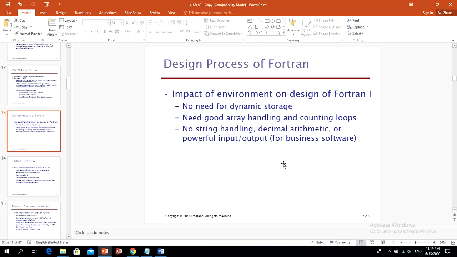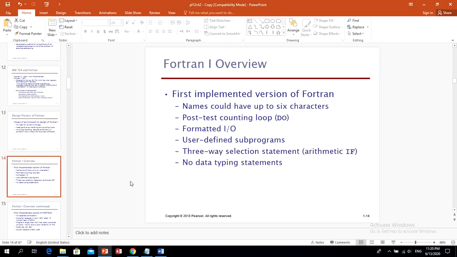So there were some concerns with Fortran 1. Of course, they fixed all those weaknesses in the next versions, but every time they discovered a new weakness in a language, they had to make up for it in the next one.